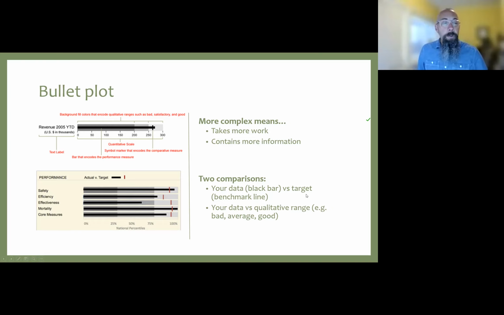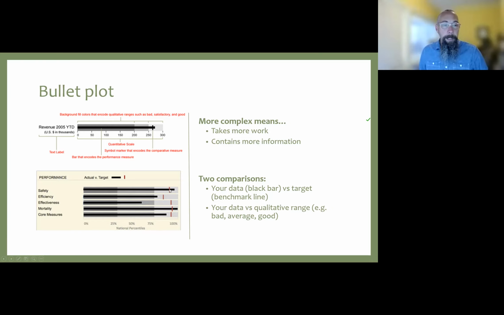There's actually 2 comparisons going on. So here's just an example. In this case, these are percentiles that go to 100%, so it can't be higher than 100%. And in this top example, there's something that, at least in the observed data, is going from 0 to 300. So there's just some top end. The light gray is showing the furthest it can be. The dark bar in the middle is your data, so that's like a regular bar chart.